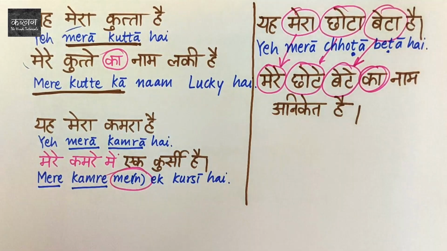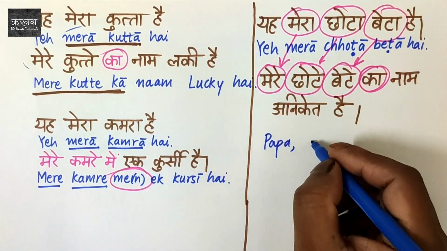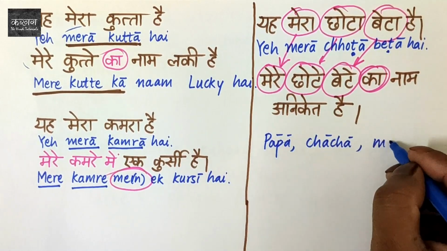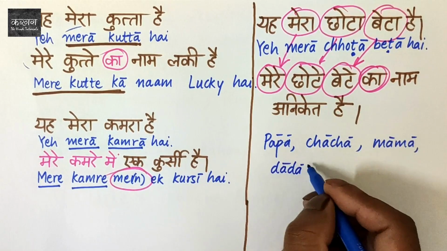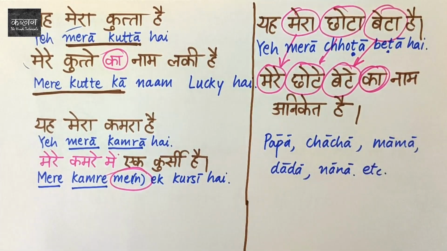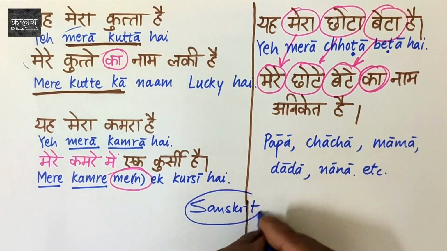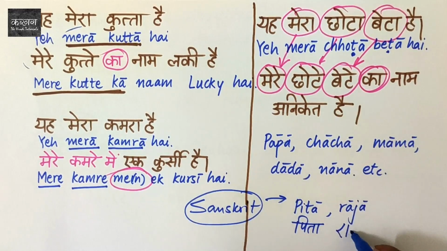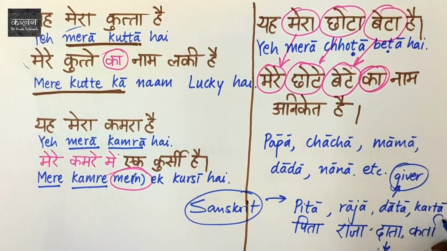Can you see that? If I summarize these examples, I can say, whenever a post position occurs after a masculine word ending with the a sound, the a sound is replaced by the e sound, except for relations like papa, dad, chacha, uncle, mama, maternal uncle, dada, grandfather, nana, maternal grandfather, etc. And some loan words from Sanskrit like pita, that is father, raja, a king, data, giver, and karta, the doer, and similar words.